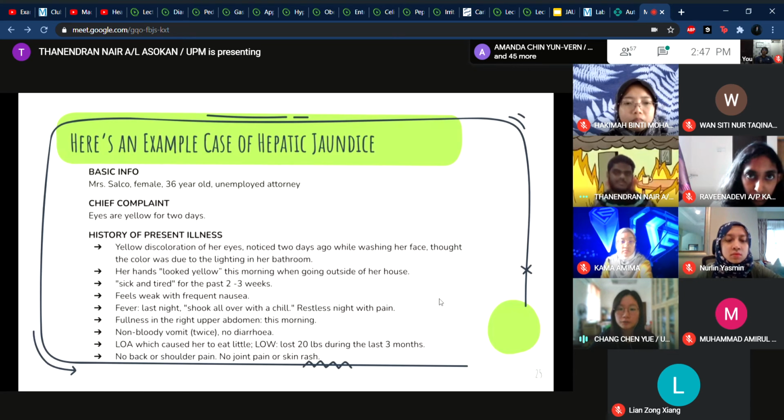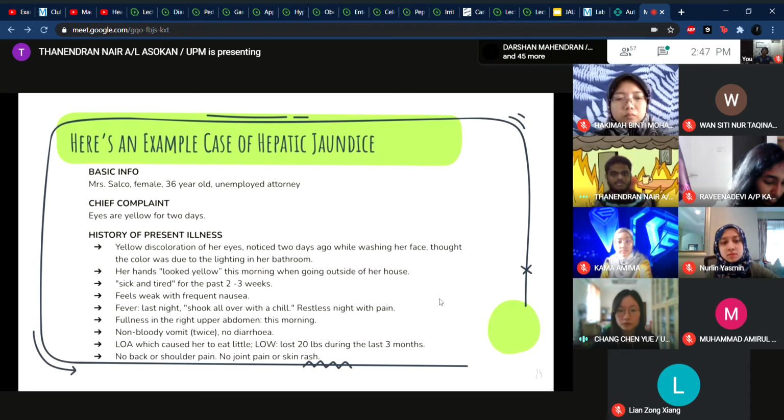She only confirmed that her eyes and her skin look yellow this morning when she went outside of her house. She also feels sick and tired for the past 2 to 3 weeks and also frequent nausea. And last night she got a fever and she described it as shaking all over with a chill. And she had a restless night with pain all over her body.